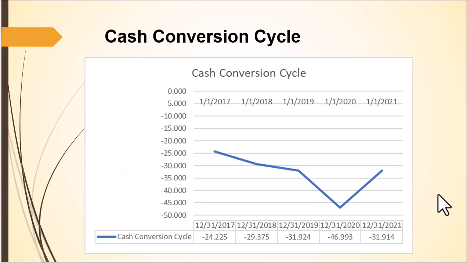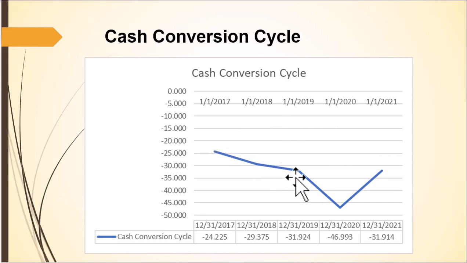So we would like this number to be as close to 0 as possible. Negative is not bad, right? Very negative is very bad. And again, I think the reason for this is the very large numbers that we find in our days payable calculation.